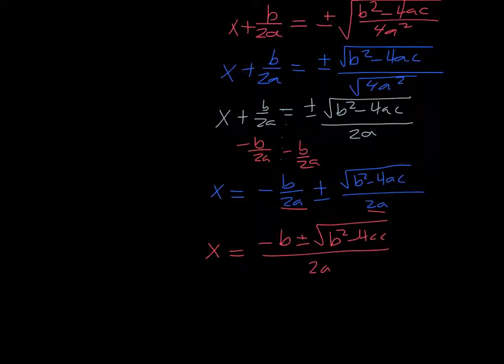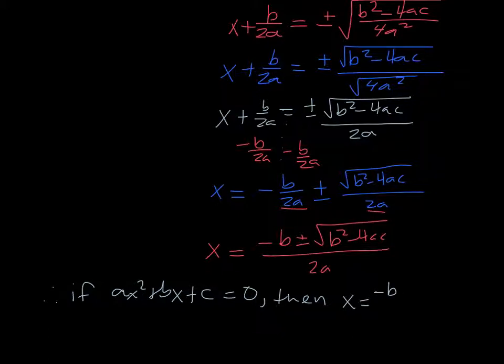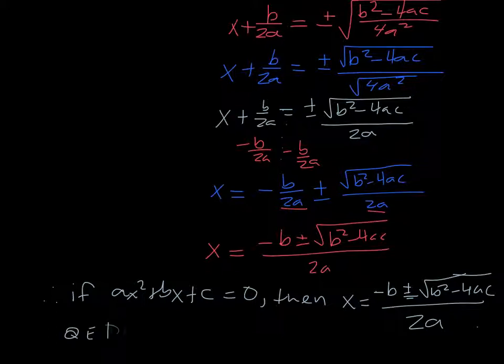So, therefore, if ax squared plus bx plus c equals 0, then we have just proved that x equals negative b plus or minus the square root of b squared minus 4ac all over 2a. So you just proved that.